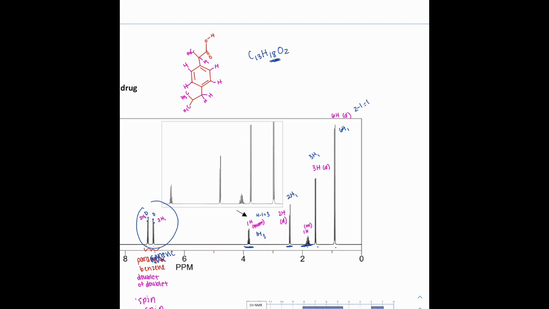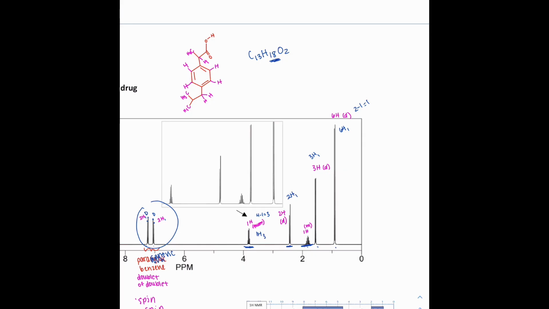I think the structure is a little more confusing because there is a lot to think about in terms of what's downfield and what's upfield, what's more electronegative, and is there spin-spin coupling, how do I draw this out.